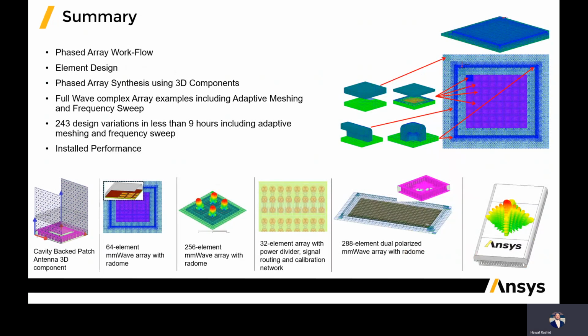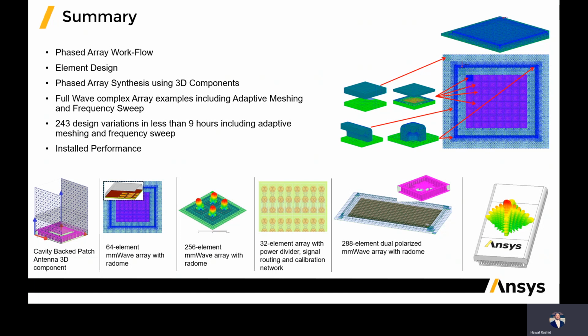So to summarize, I've been showing how we could design the element antenna array. We looked at phased array synthesis using 3D components, how effective it is. This is full wave complex array examples, including adaptive meshing and frequency sweeps.